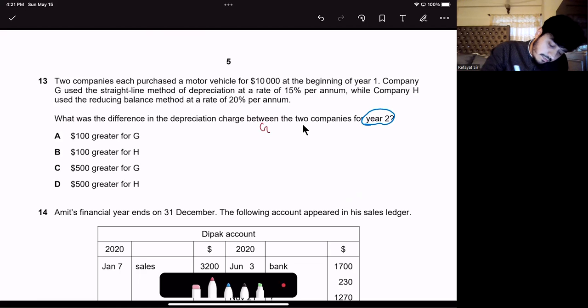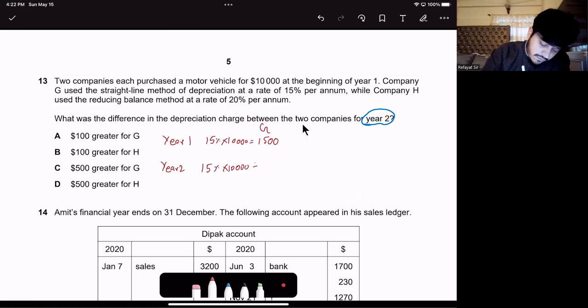So first is company G. Depreciation of company G for year one will be 15% of 10,000, 1,500. For year two, 15% of 10,000, 1,500.